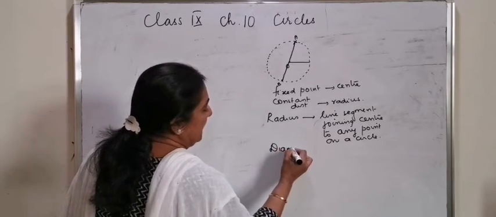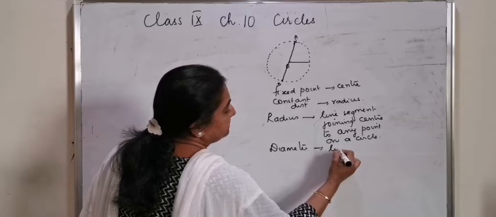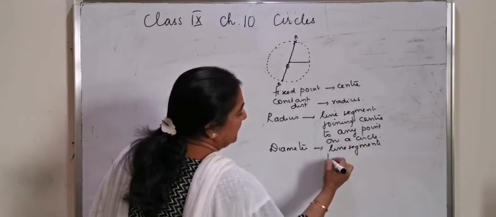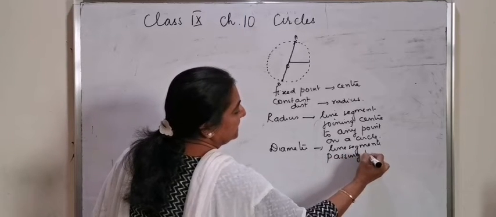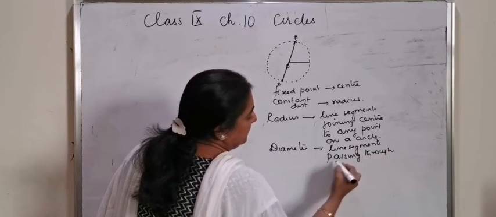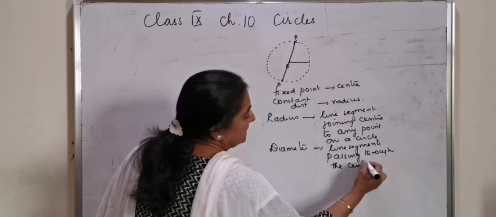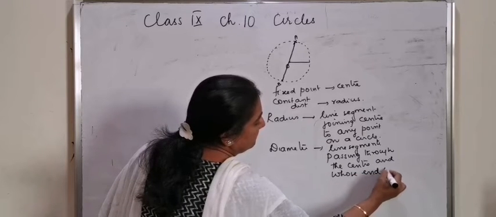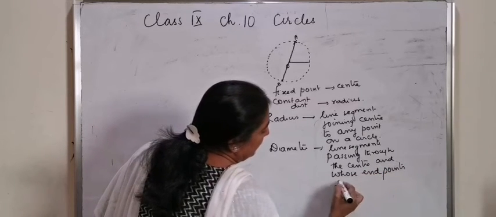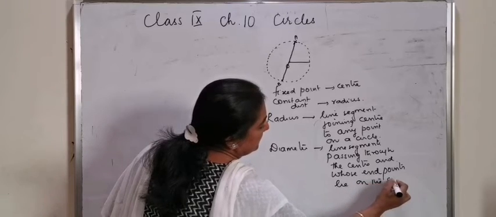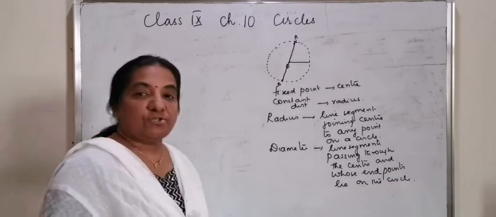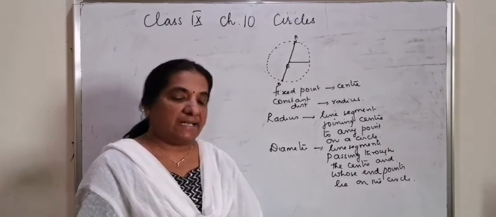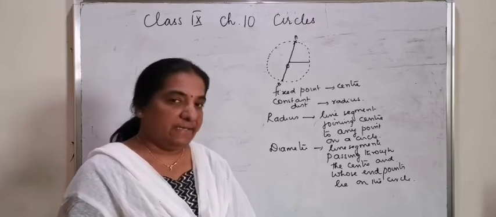That means the diameter of a circle is a line segment passing through the center, and whose endpoints lie on the circle.